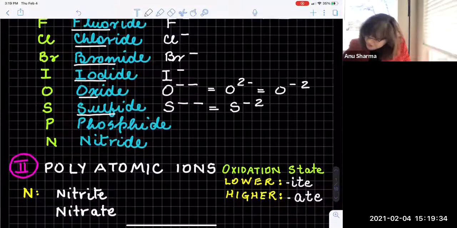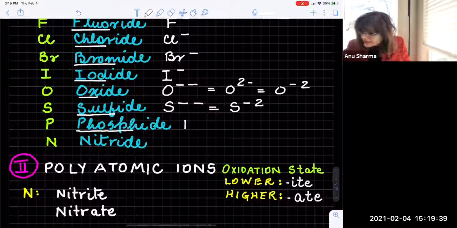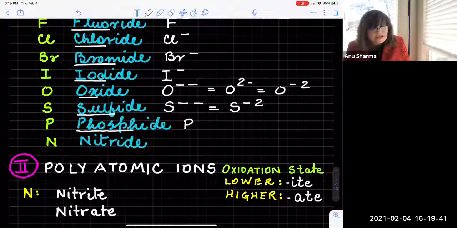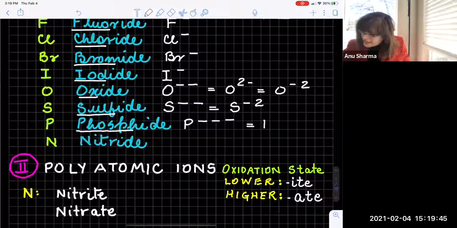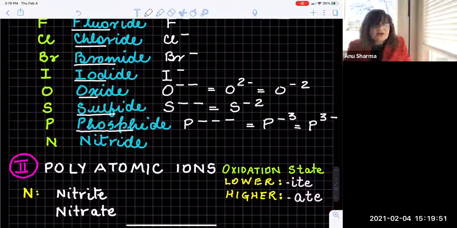Phosphorus by itself is phosphide. Phosphorus is in group 5A, so the charge is -3, and you can also write it as phosphorus 3 minus.